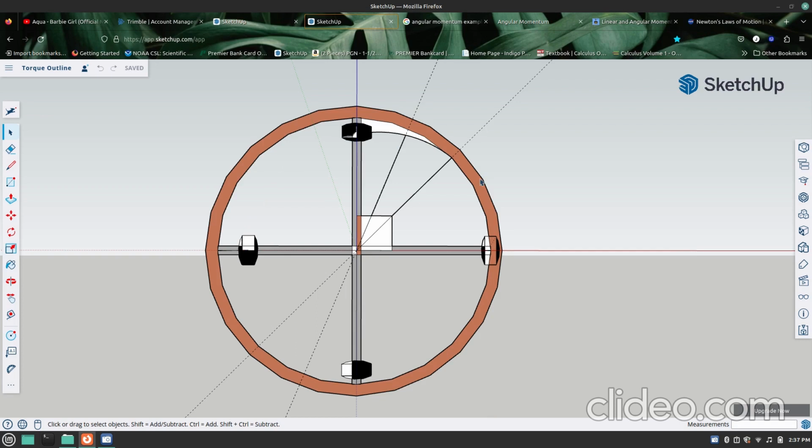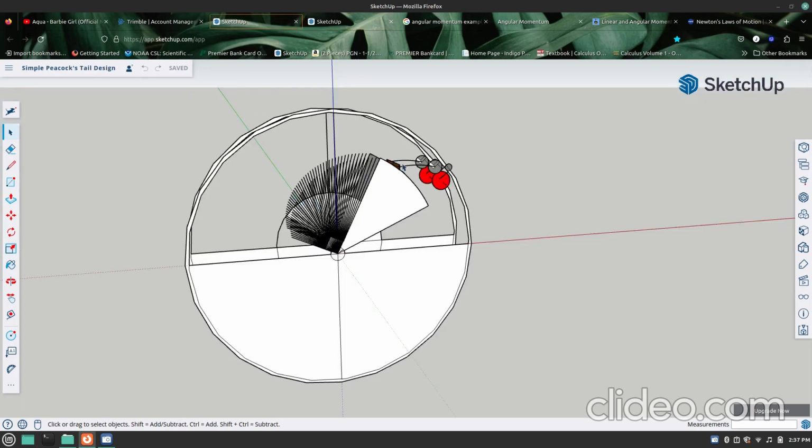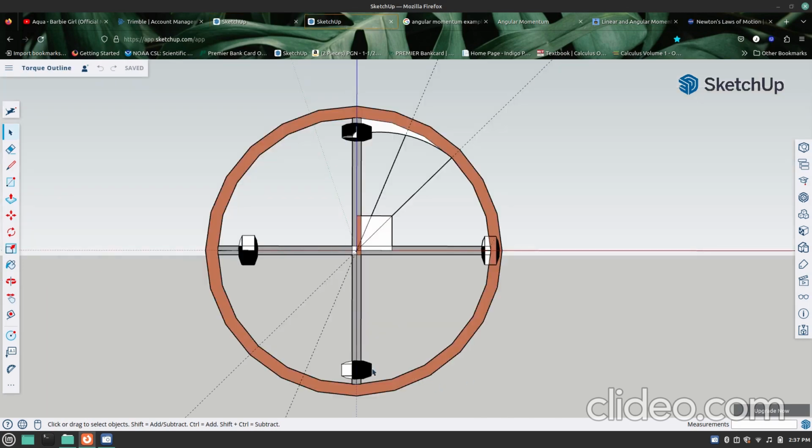I'm calling it angular momentum because when it is lifted, coming towards bottom center, it's in a balanced position. Here it's underbalanced because that disc will cause the hoist to lift it. That's what hoists do.